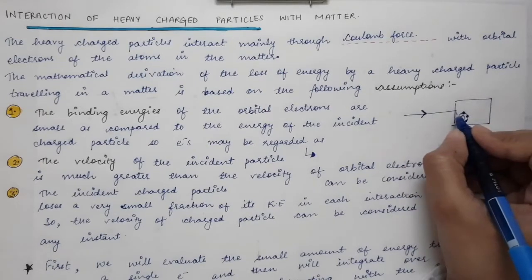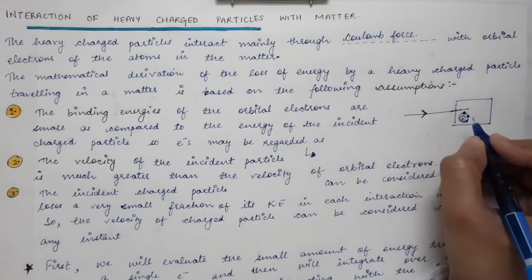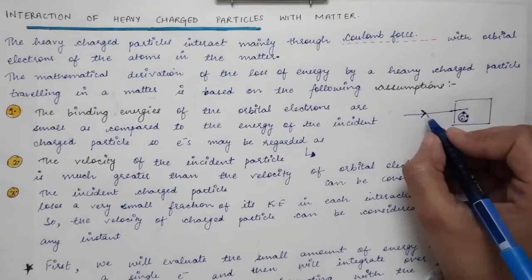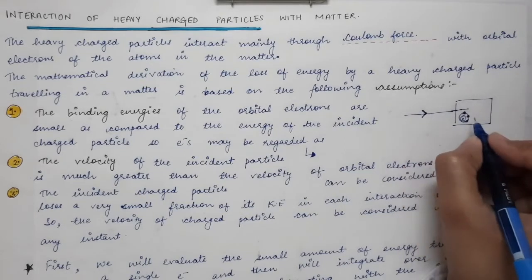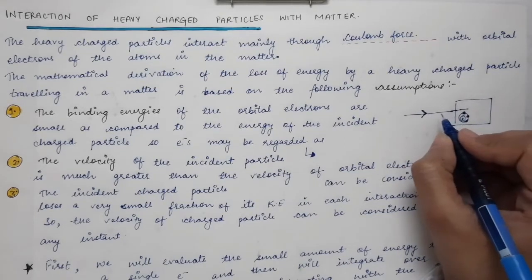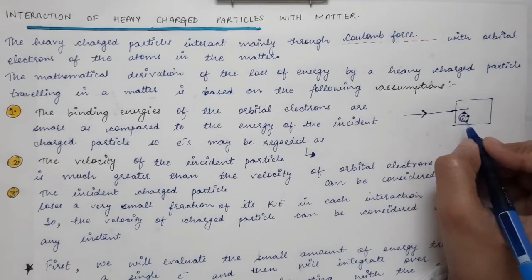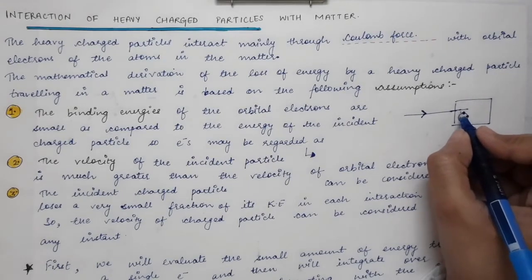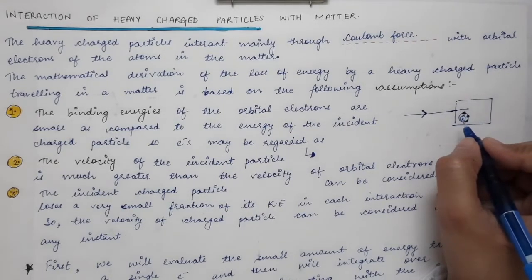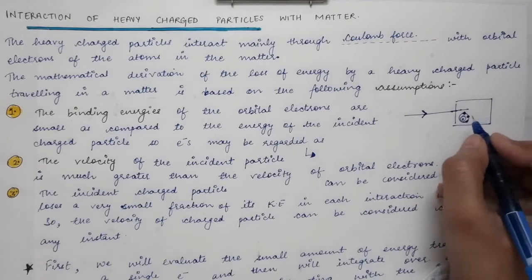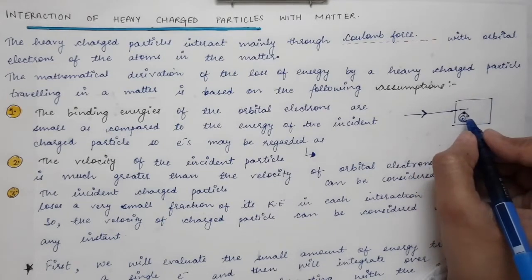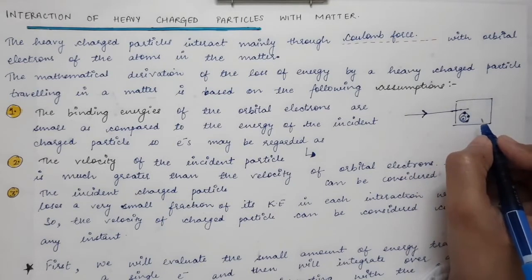The heavy charged particle will interact with the orbital electrons. It will also interact with the nucleus, but the energy transferred to the nucleus is very small compared to the energy transferred to the orbital electrons. So we will only discuss the energy transferred to the orbital electrons.